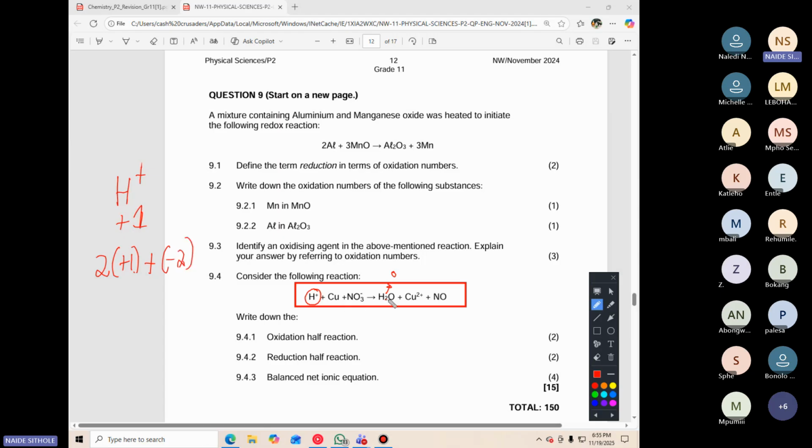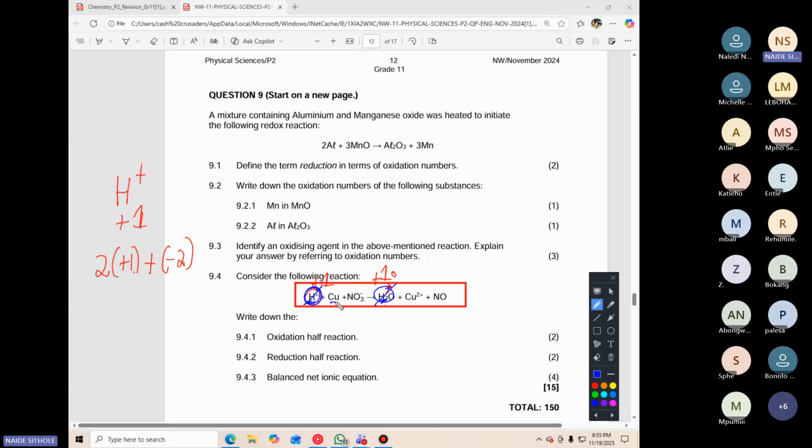So it's still positive 1 even here. So positive 1 this side, and hydrogen still positive 1, which makes our hydrogen ion here the spectator ion. Why is it a spectator ion? Because we can see the oxidation number of hydrogen on the left-hand side is exactly the same as on the right. Even here, hydrogen always remains positive 1. So that means that this is not our subject of interest.